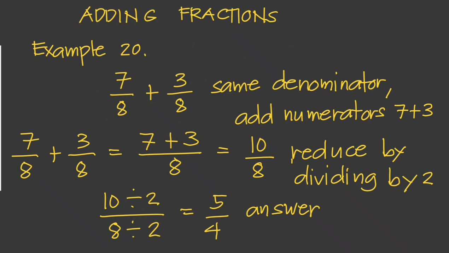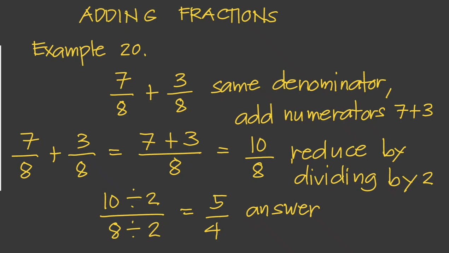Another example. What if we're given 7 over 8 plus 3 over 8? In this case, both the fractions have the same denominator, so we just have to add the numerators 7 and 3. That would become 7 plus 3 over the common denominator, which is 8. So we will get 10 over 8.